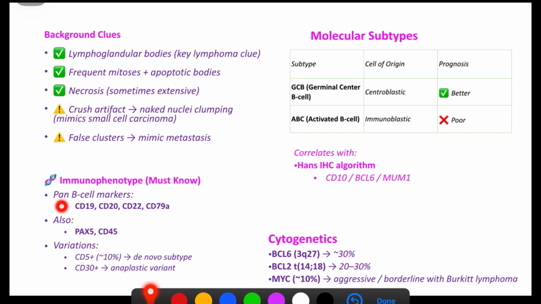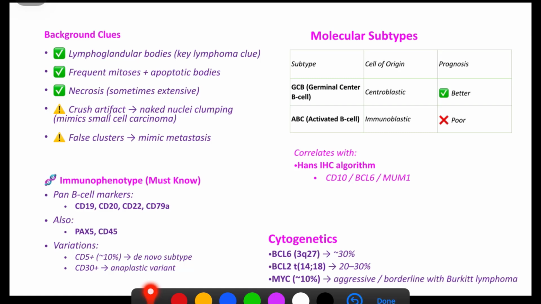So here it is positive for CD19, 20, 22, 79A, which are pan B cell markers, also PAX5 and CD45. Variants include CD5 positivity in around 10% of cases, which is the de novo subtype, and CD30 positivity in the anaplastic variant. And there are two subtypes, germinal center B cell and activated B cell.